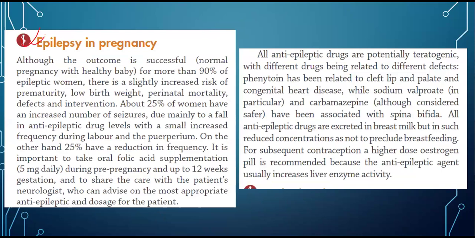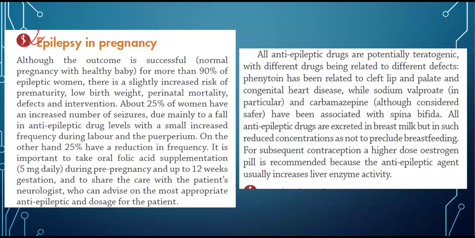Epilepsy in pregnancy. Epilepsy in pregnancy is important, and lots of complicated questions come in exam from here, so let's discuss it a little bit. For a patient who is pregnant and a known case of epilepsy, how are you going to proceed and what will you say to that patient?